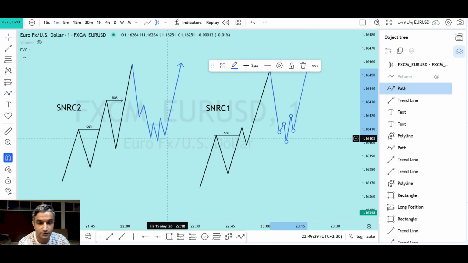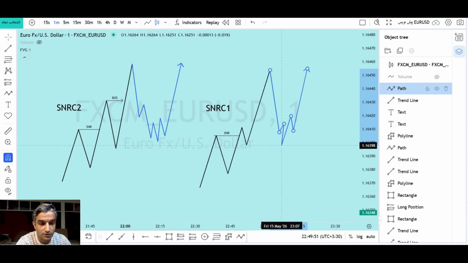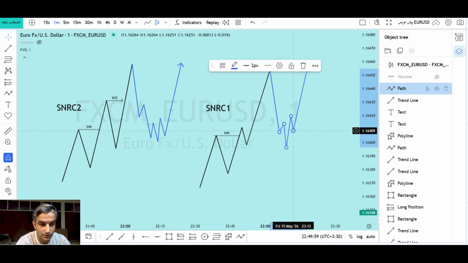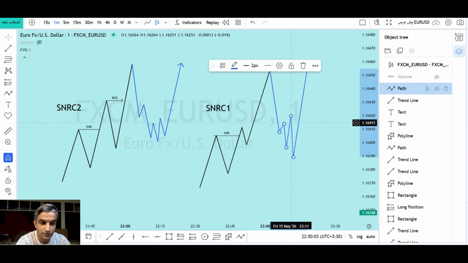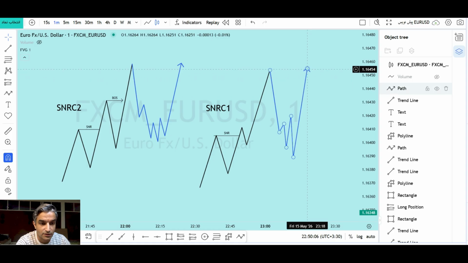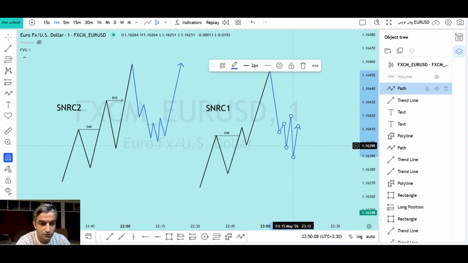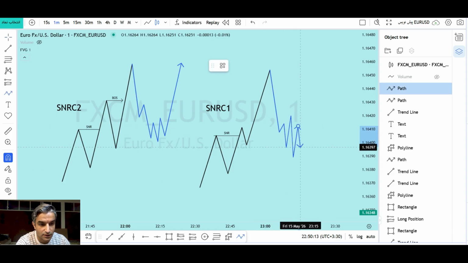And something else, be careful about the SNRC1. Below it, try to not have any FVG. Maybe price comes a little down and after that goes up. For example, it may come here. Maybe we saw engulfing confirmation, but price breaks it, goes down, and after then we have something like this.